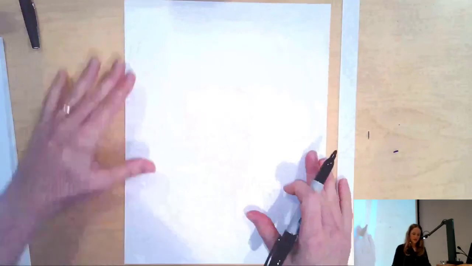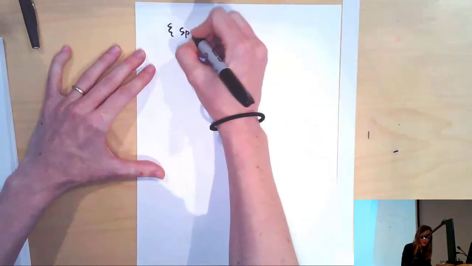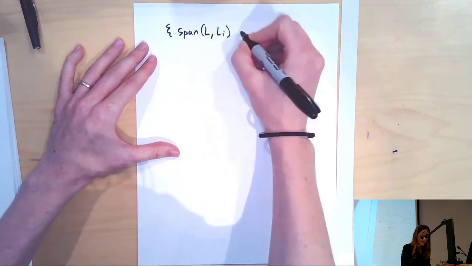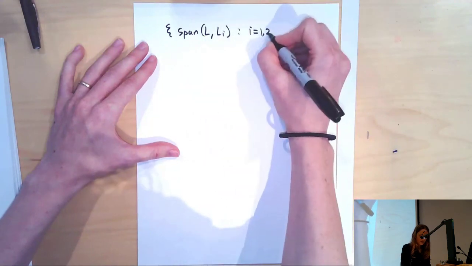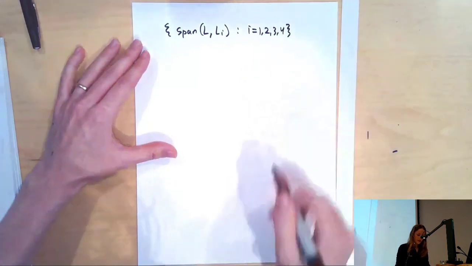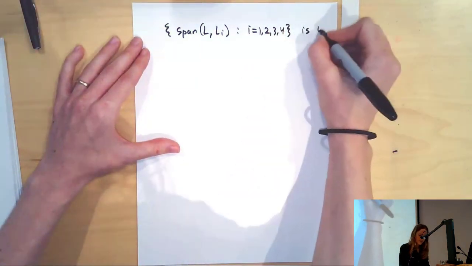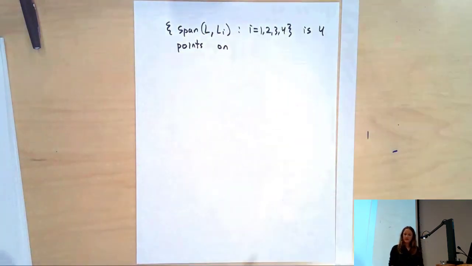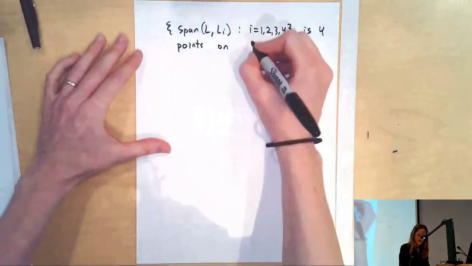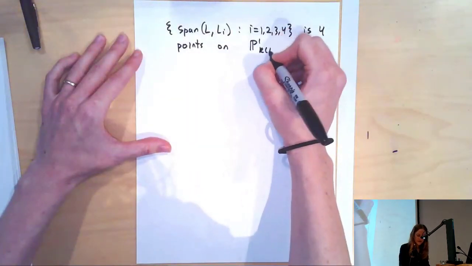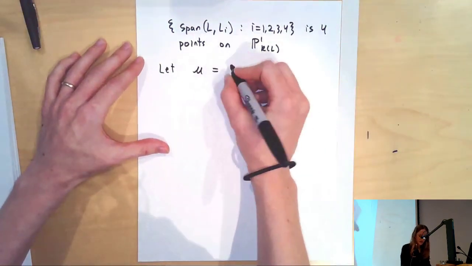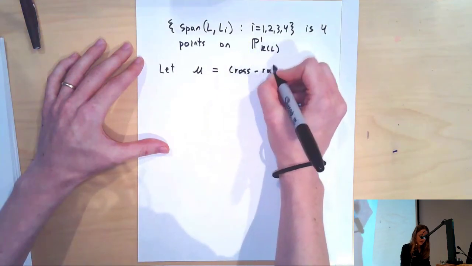So the span, not in just the plane determined by L and Li for i equals 1, 2, 3, 4 gives 4 points on this P1 K of L, and we can let mu be the cross ratio.